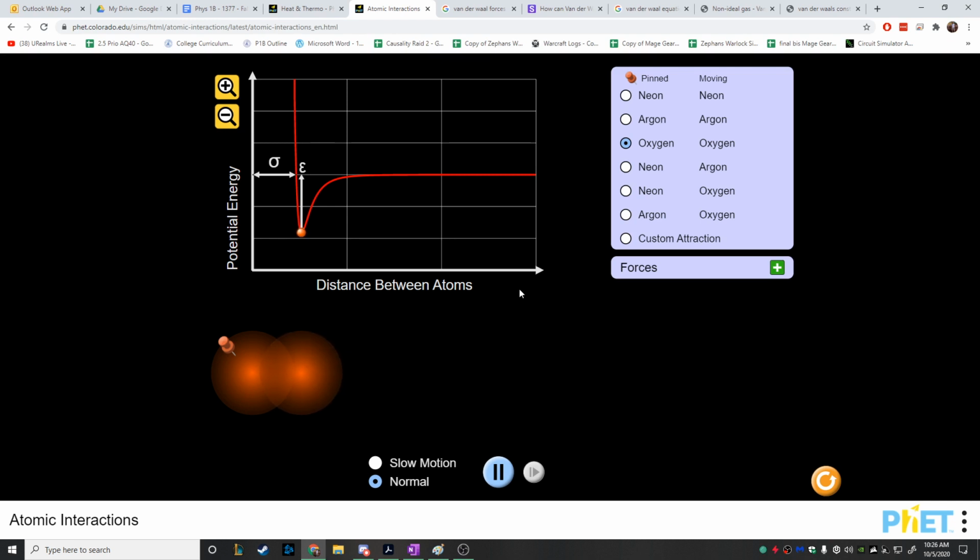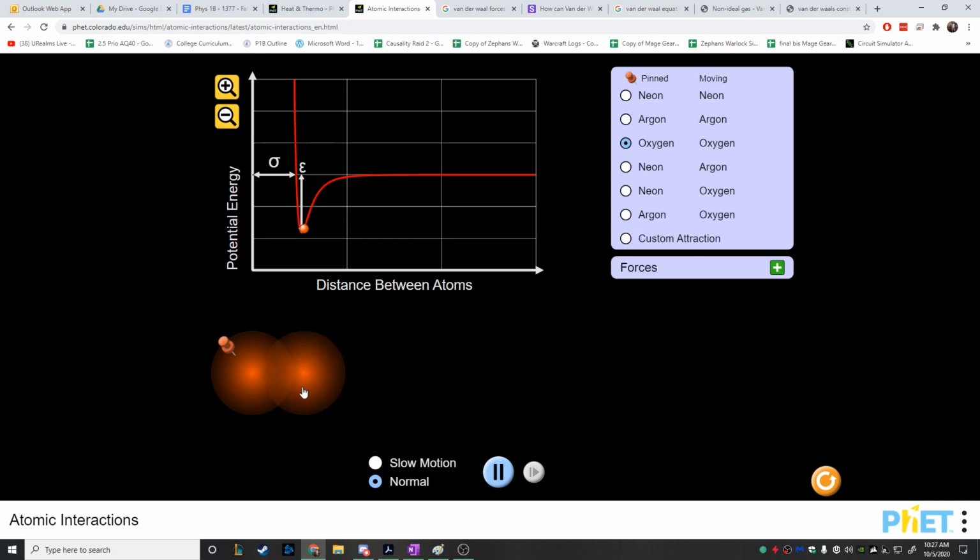This represents distance between the atoms, okay? I believe this line represents potential energy equal to 0. So down here, the potential energy is negative, and up here, the potential energy is positive, right? So as the molecules get farther apart from each other, the potential energy decreases.